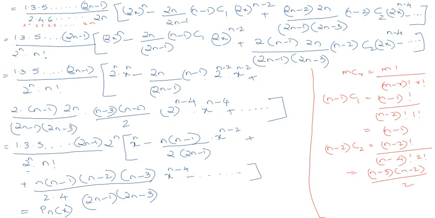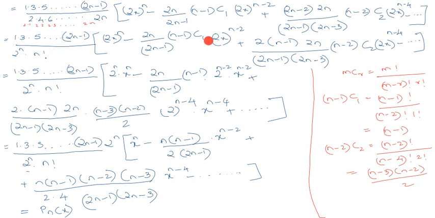Okay. Now we need to find out what is n minus 1 c1. Okay, what is n minus 1 c1? n minus 1 c1, you know that mcr is m factorial divided by r factorial into m minus r factorial.